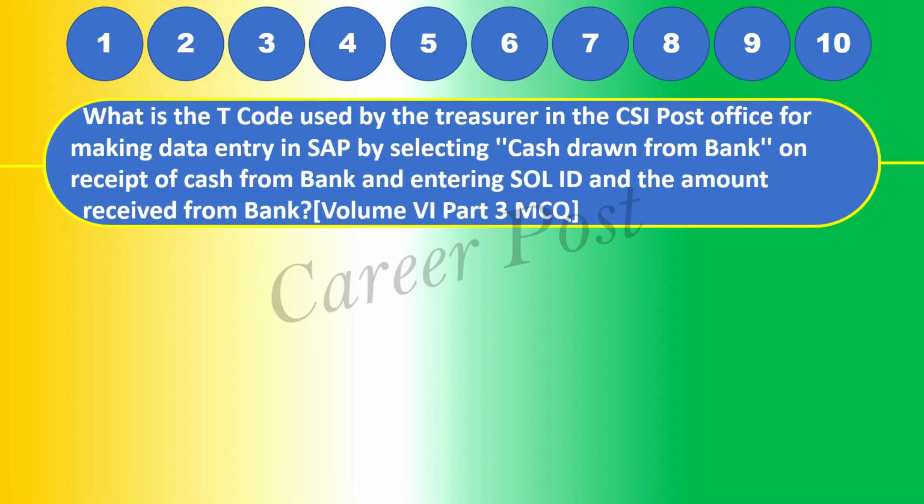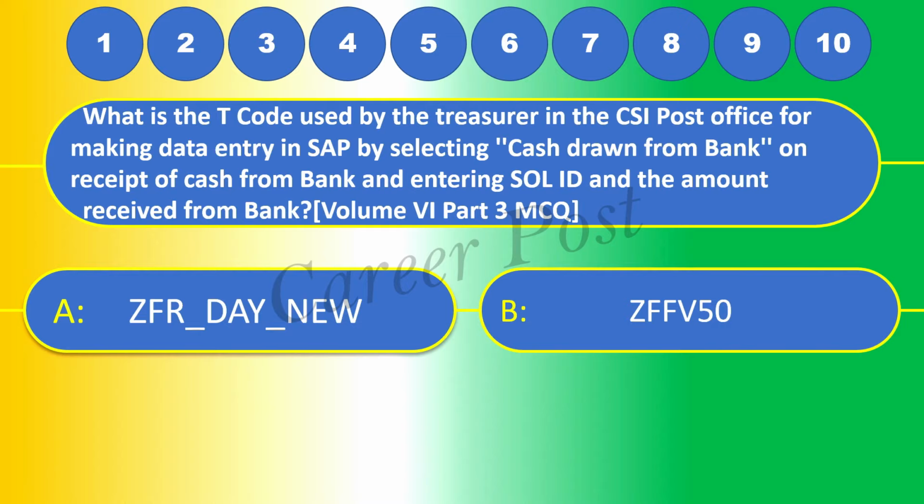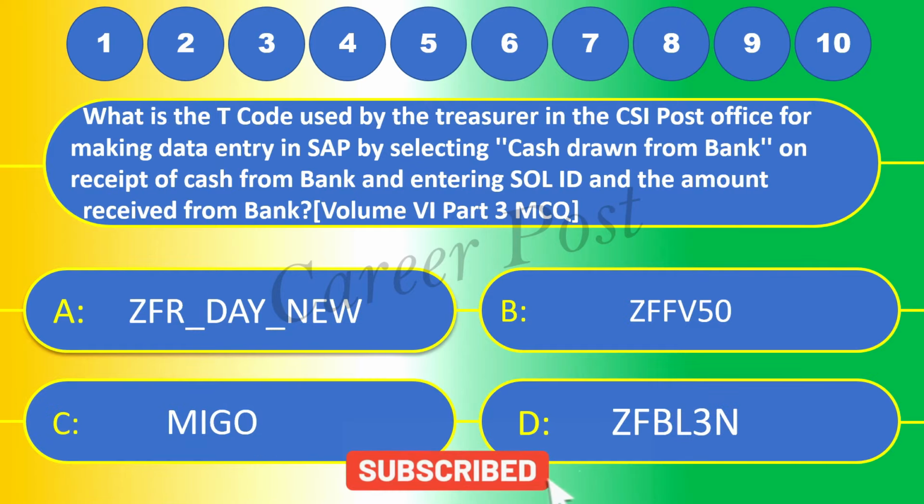Making the entry in SAP by selecting cash drawn from bank on receipt of cash from the bank and entering SOL ID and the amount received from the bank. So the options are: A ZFR_DAY_new, B ZFFV50, C MIGO, D ZFBL3N.